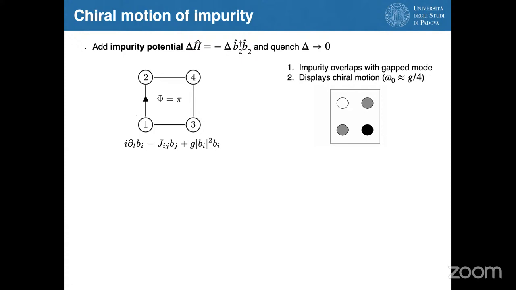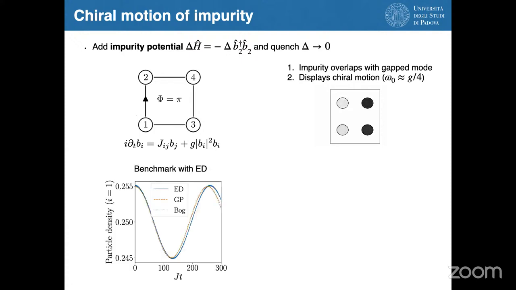This is not an eigenstate, so we expect evolution. But what type of evolution? We are populating, I want to remind you, a state with a different angular momentum compared to the ground state. So the result is that the impurity will start rotating. This rotation occurs at G/4, the frequency we saw before.